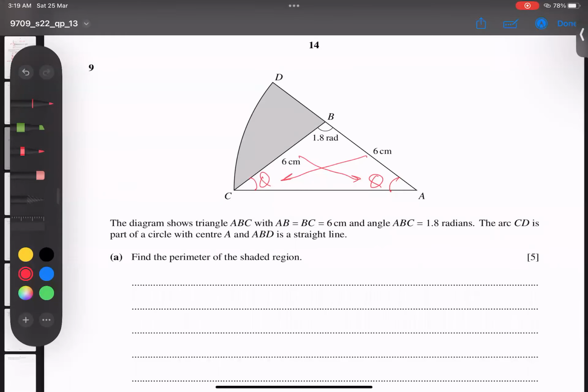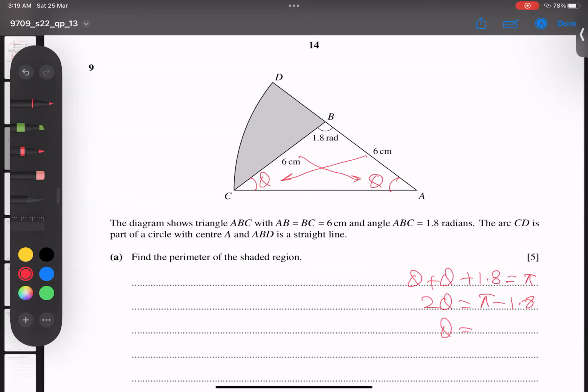I can say that 2 theta plus 1.8 equals pi, because the sum of all angles equals 180, and that is pi. So pi minus 1.8, and divided by 2, because this becomes 2 theta. I get theta directly.